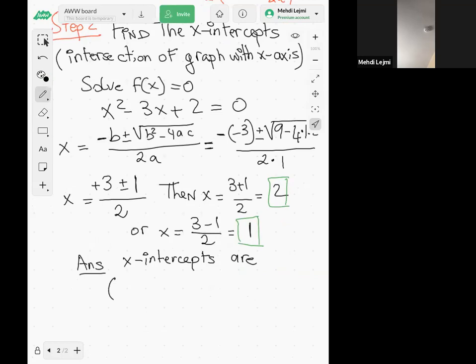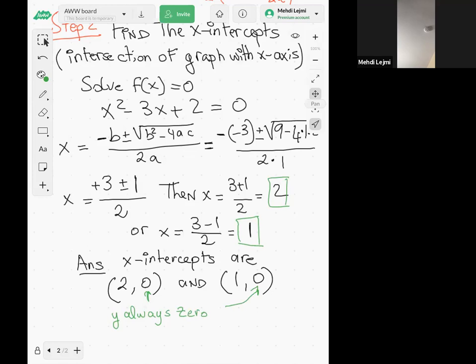The y is always 0 in the x-intercept. And the second solution is 1, 0. Again, here, your y is always 0 in the x-intercept. Okay? So I got 2 x-intercepts, right? 2, 0 and 1, 0. So that's the second step.